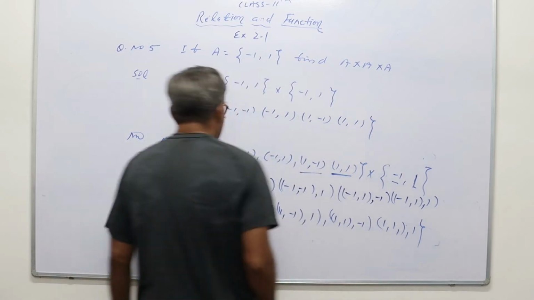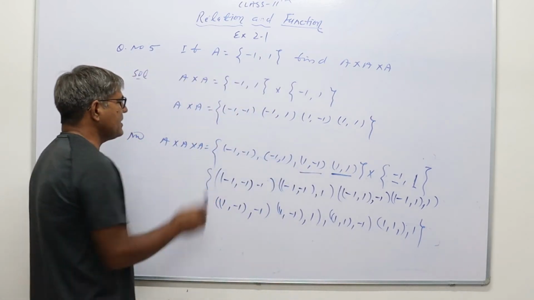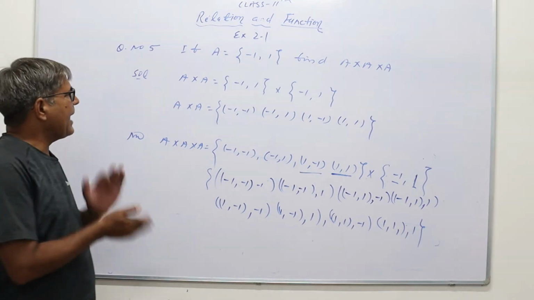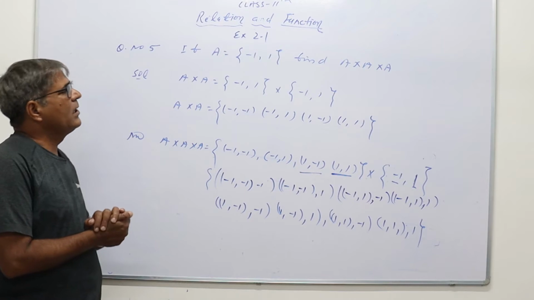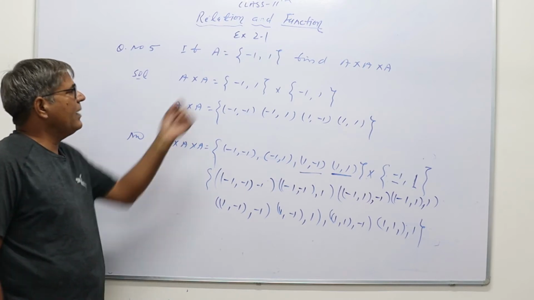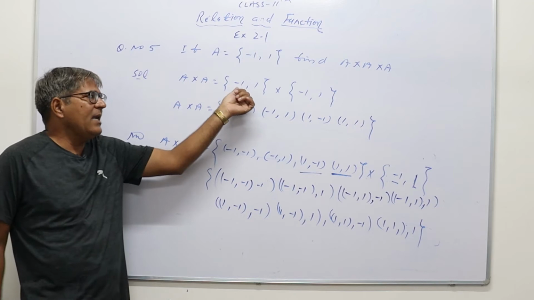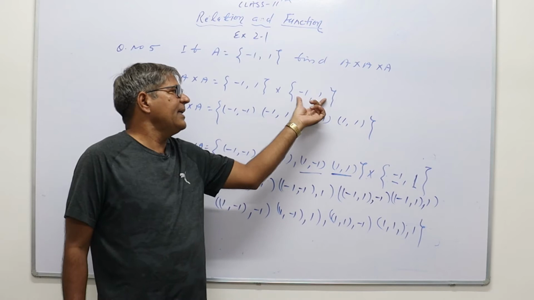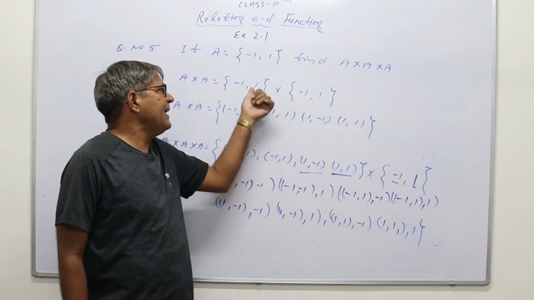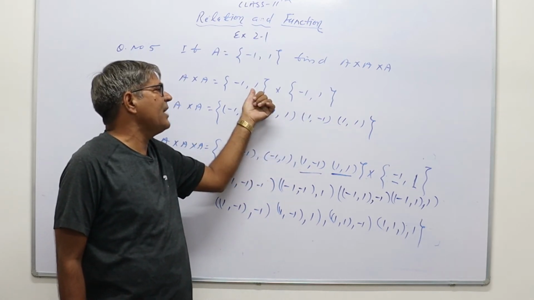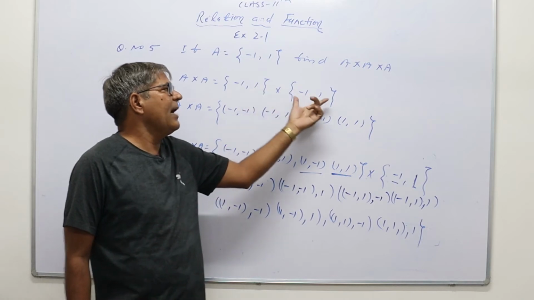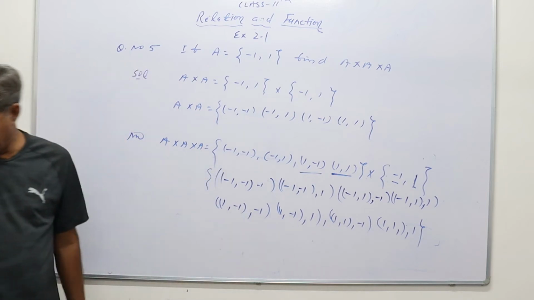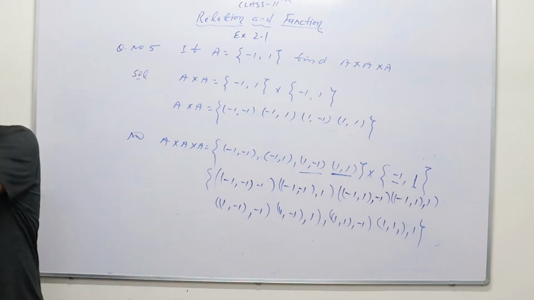So this is your A cross A cross A. To find the Cartesian product of two given sets, we take one element and associate it with every element in the second set. Then we take the second element and associate it with every element of the second set. In this way we can find the Cartesian product of two given sets.